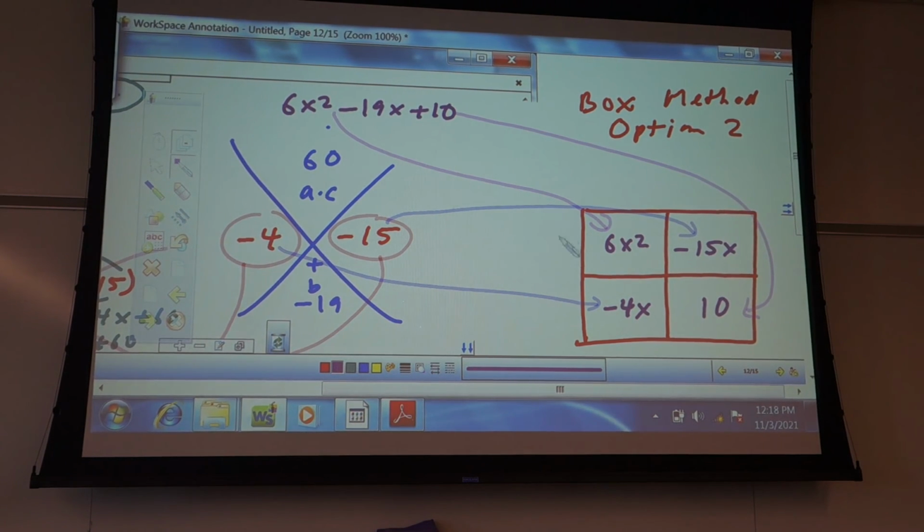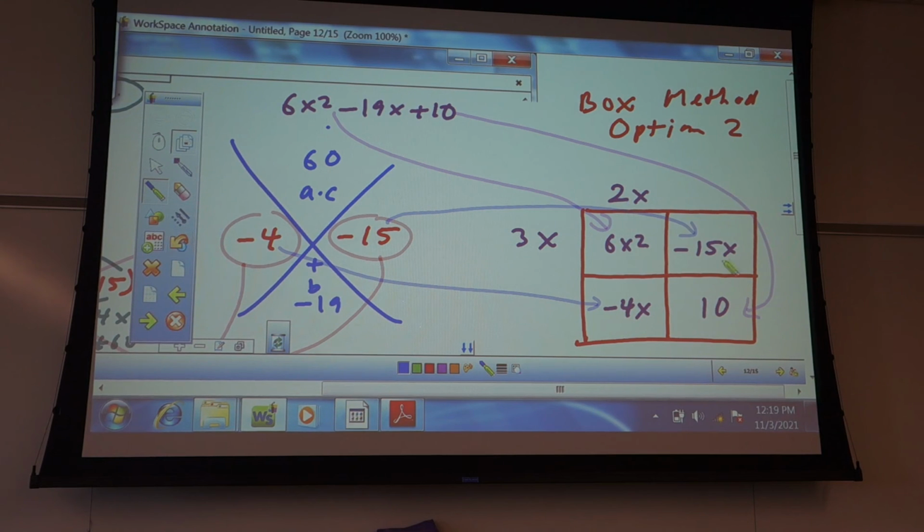I'm going to write it out here. And so what times 3x gives me 6x squared? 2x. So this times that gives me 6x squared. Does that make sense?